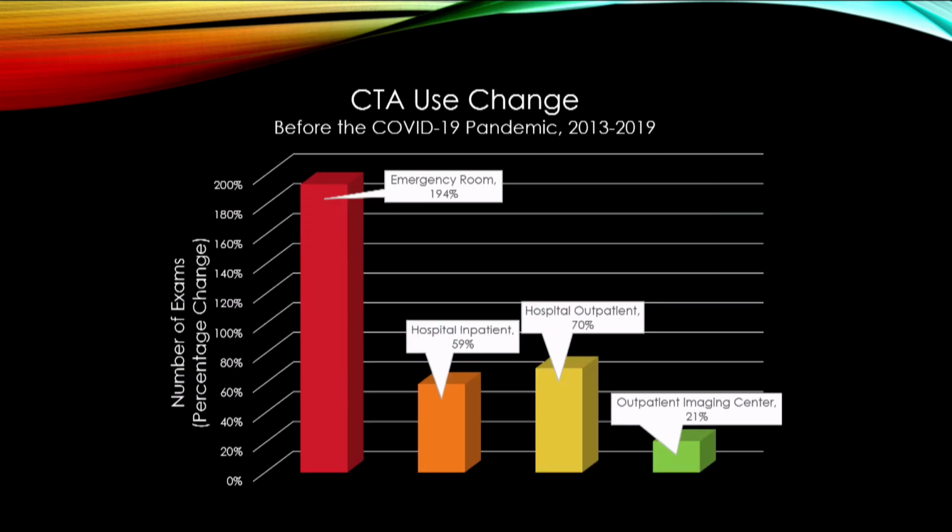On the contrary, CTA in all locations, especially in the emergency room, saw an increase in usage, but also robustly in the hospital, 59% in inpatients and 70% increase in outpatients.